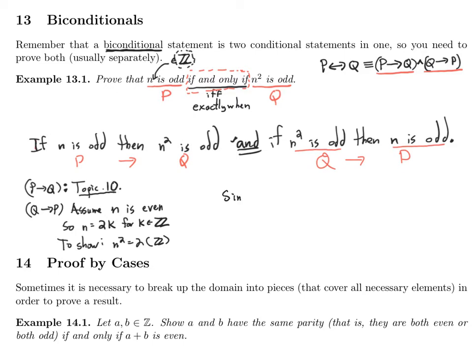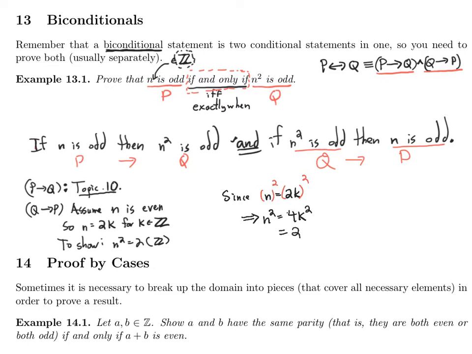All right, so we have this fact that n equals 2k, so we can start with that. So since n equals 2k, what we can do is we can, of course, just square both sides. We want to show that n squared equals 2 times some integer squared. So to get that squared there, it's probably a good idea to square both sides. So we get n squared equals 2k all squared, which is 4k squared. 2k times 2k is 4k squared. And we want to arrange that in the form of 2 times some integer.